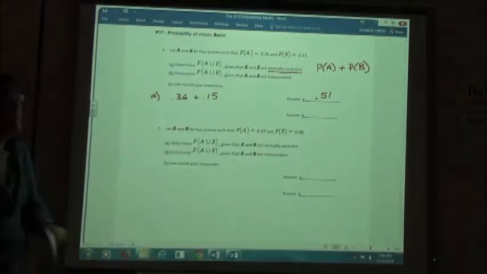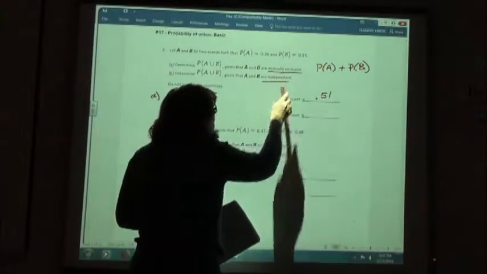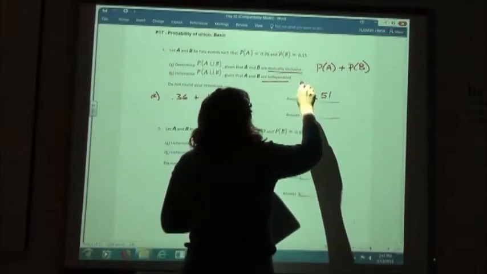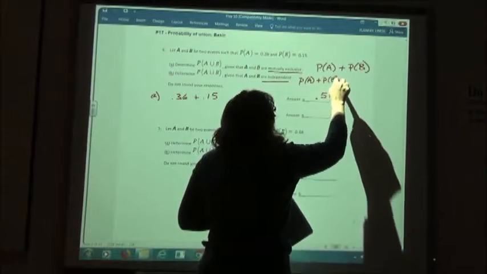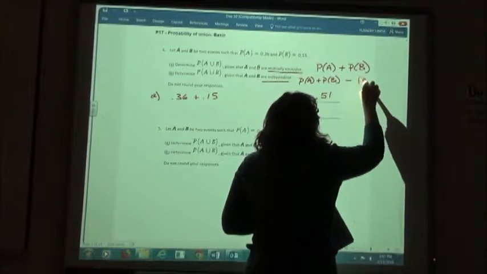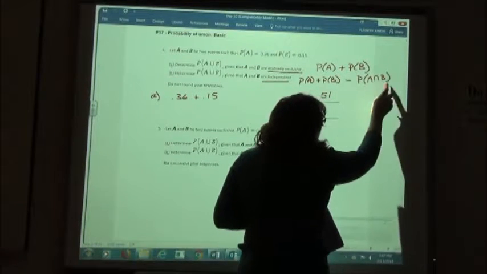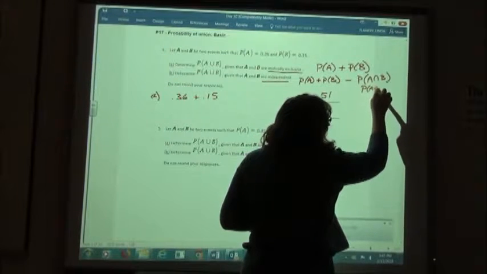Now the independent is what we just got done doing, only we did it in 2 steps. So we said if it's an independent event, they can have things that overlap. So you're going to take the probability of A plus the probability of B, and you're going to subtract the probability of A and B. In order to find the probability of A and B, we multiplied those two together, right?